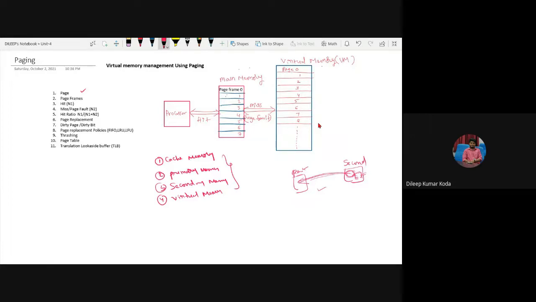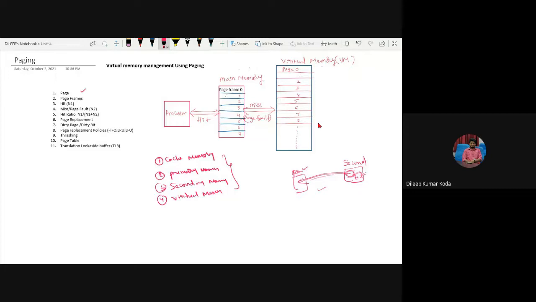First, what is a page? We know that. We divide the entire file into small parts. Those parts are called pages, right? Paging is a virtual memory management system.